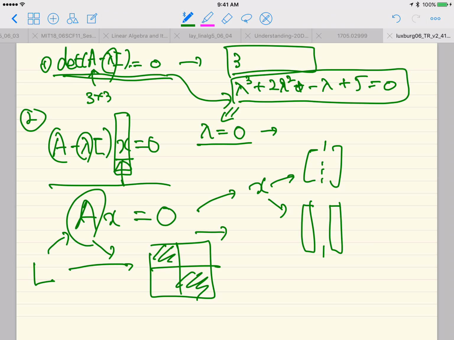And the number of these eigenvectors for the single eigenvalue, what was the name of it? The number of linearly independent eigenvectors corresponding to one single eigenvalue. What was the name of it?